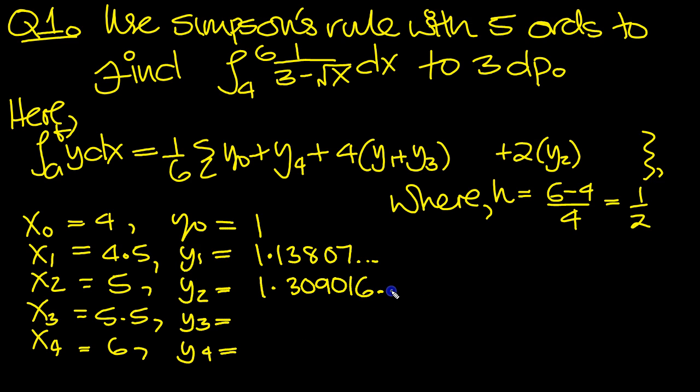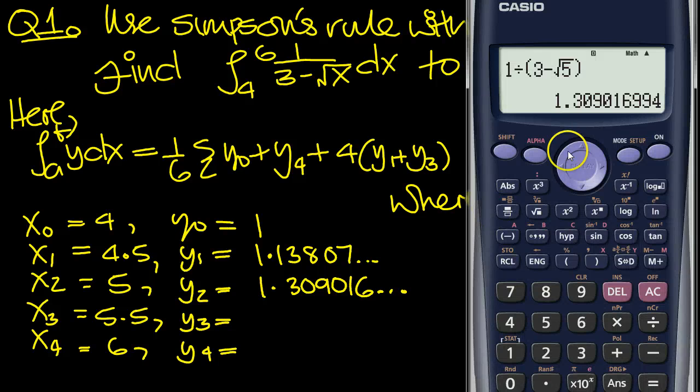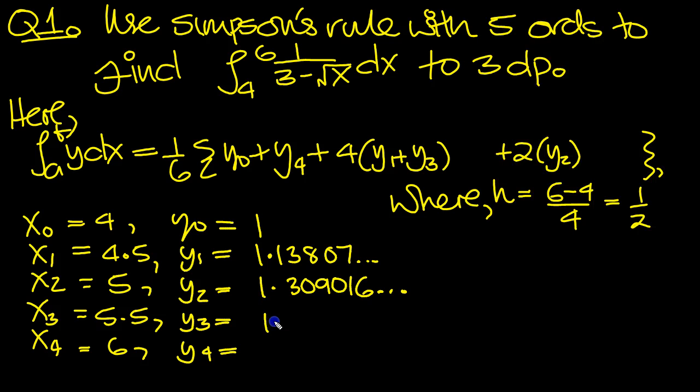Let's put that digit in as well, just to be absolutely safe. And then the next one, 5.5. That gives y3 equals 1.52720.